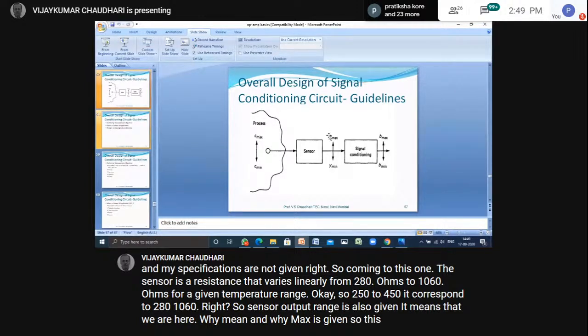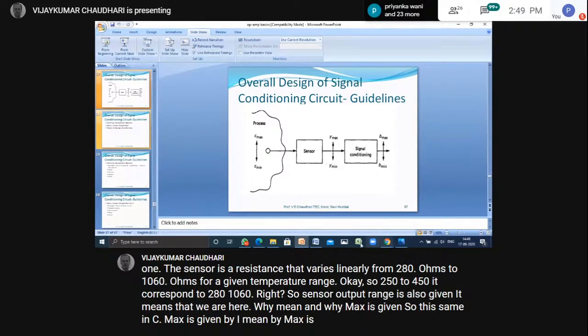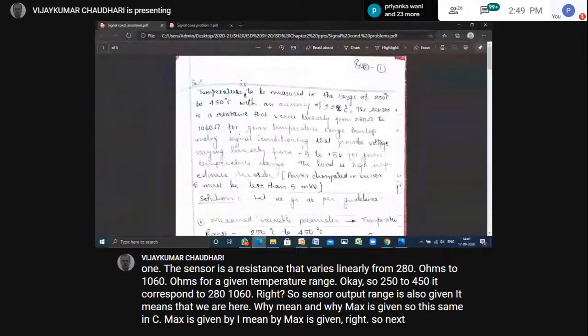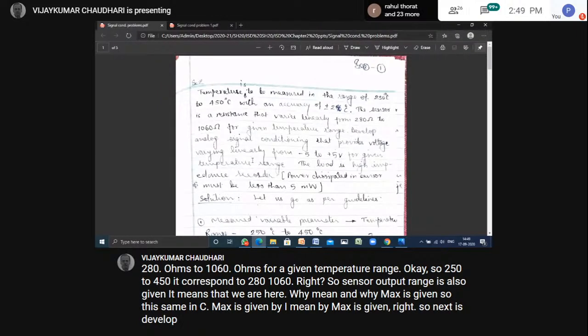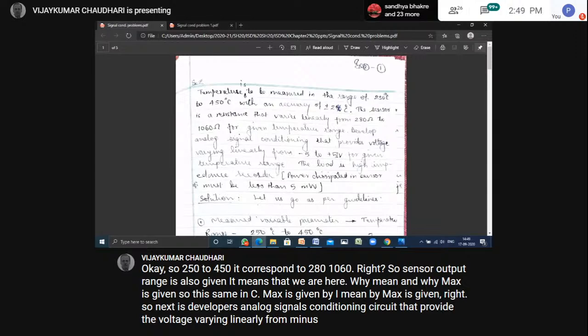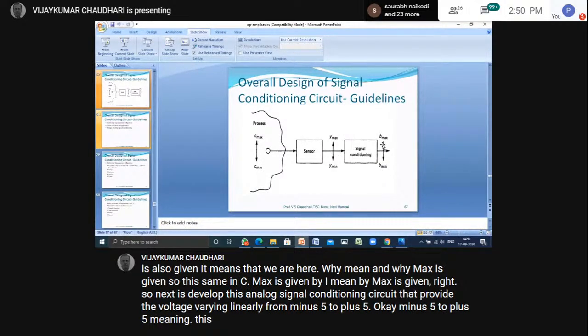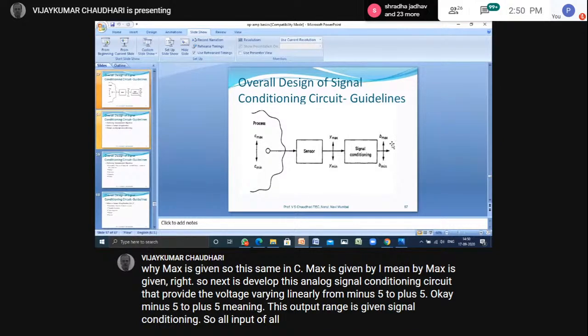Next, develop an analog signal conditioning circuit that provides a voltage varying linearly from -5 to +5. So this output range is given. All input and output minimum and maximum ranges are given.